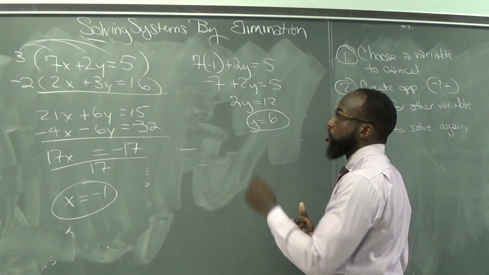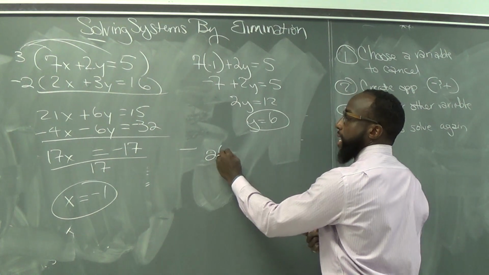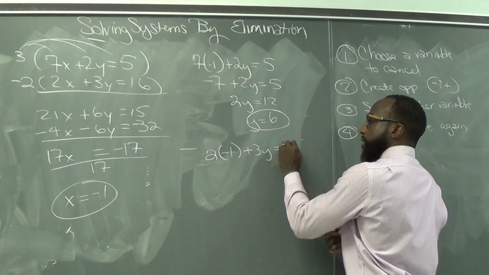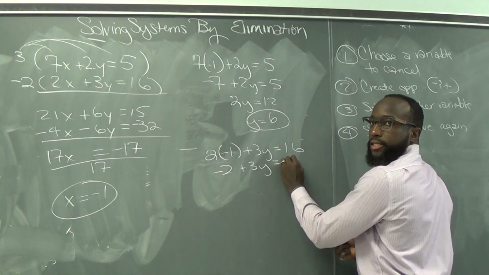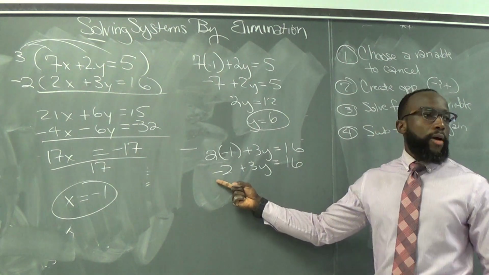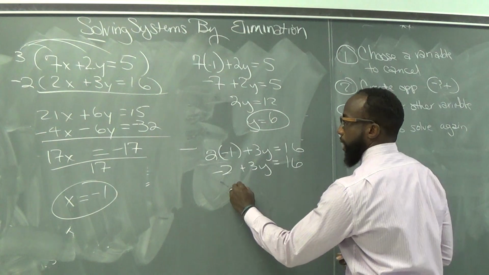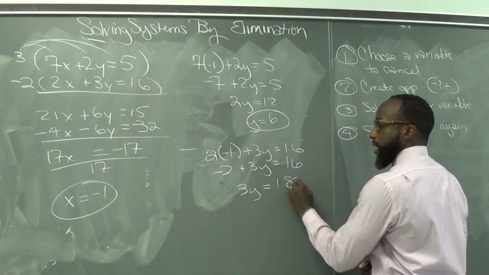Alright, let's look at the second one and see if it works again. It's 2 times x plus 3y equals 16. That's -2 plus 3y equals 16. You add 2 to both sides, and you have 3y equals 18.